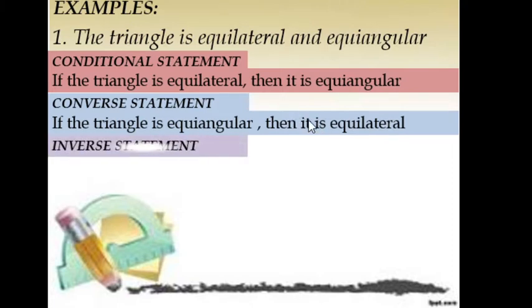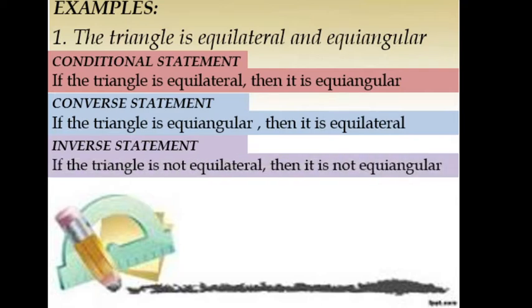Next, we have the inverse statement. So, dito sa inverse statement, maglalagay lamang tayo ng words na not, no, does not have. Depende again sa ating statement kung ano yung gagamitin nating word. So, para dito sa ating inverse statement, if the triangle is not equilateral, then it is not equiangular.